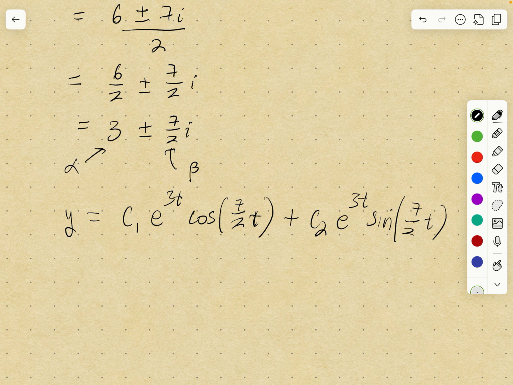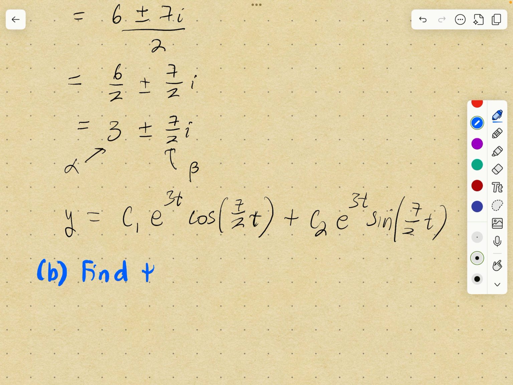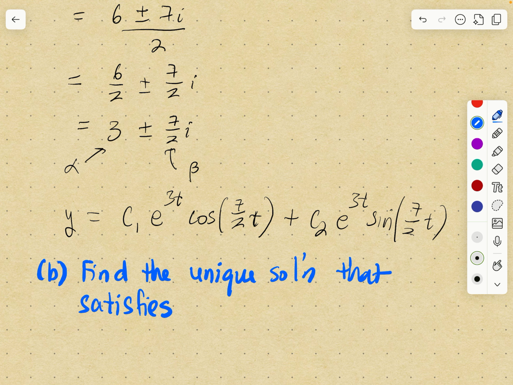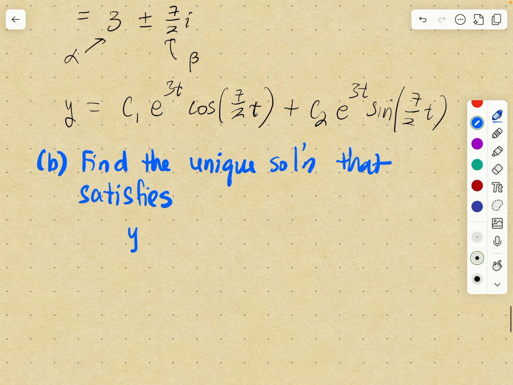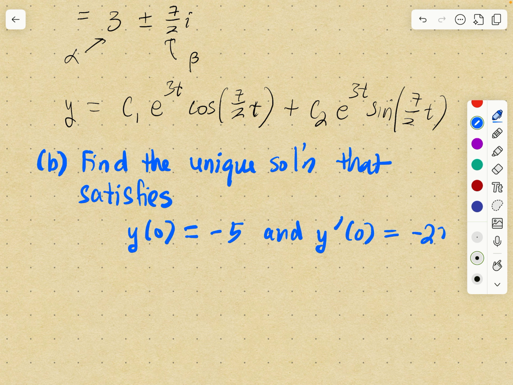So that's part A. And then part B says find the unique solution that satisfies y of 0 is negative 5 and y prime of 0 is negative 22.